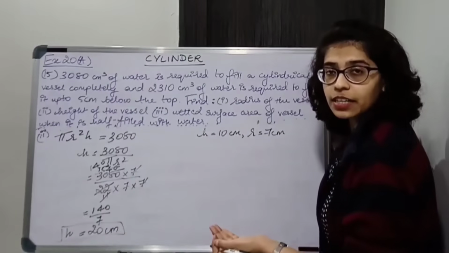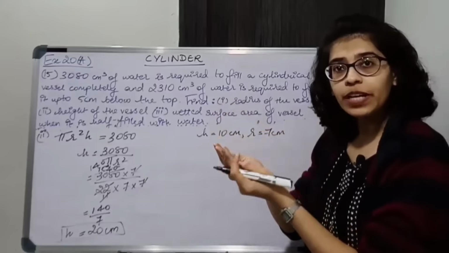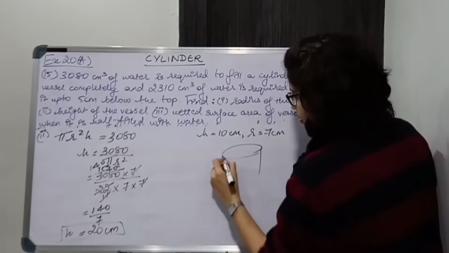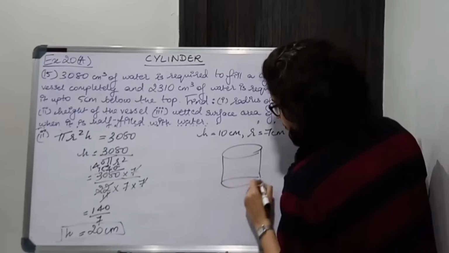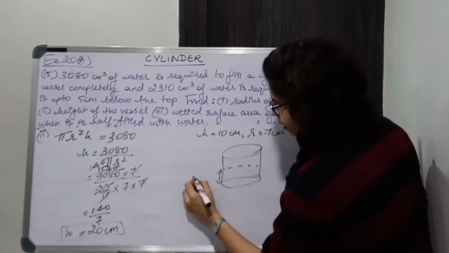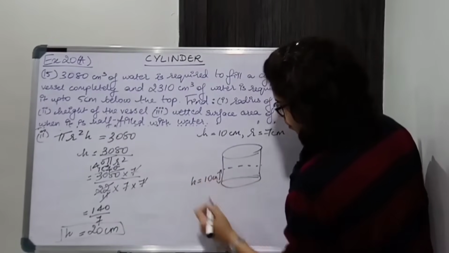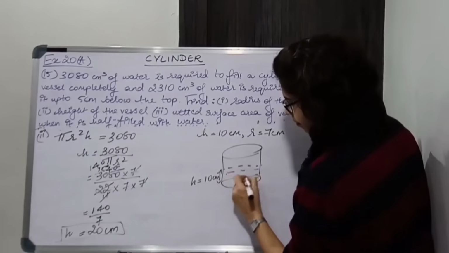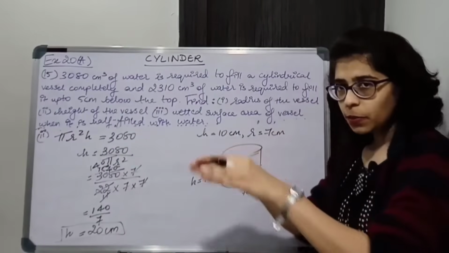So surface area क्या हो जाएगा? Internal surface will be wet, so curved surface उतना wet होगा as the cylinder. ठीक है, half filled है, so इतना filled है, तो height कितना हो जाएगा? 10 centimeter. Radius we know is 7 centimeter. Now internal part will be wet.